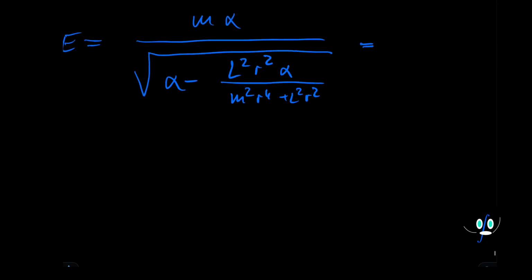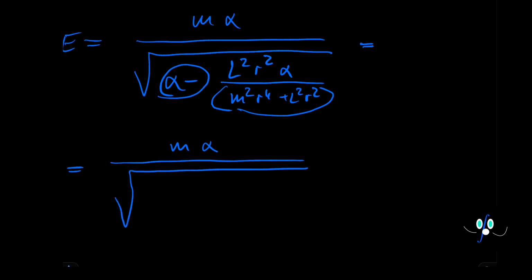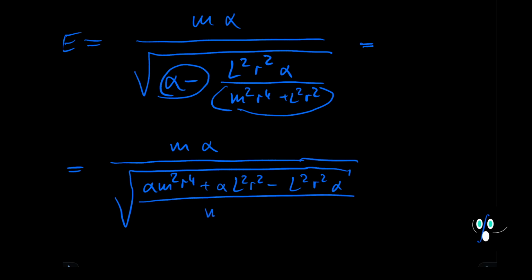And this we're going to solve by extending this here to a fraction with the same denominator as this. So we have m alpha divided by the square root of alpha m squared r to the power of 4 plus alpha L squared r to the power of 2 minus L squared r squared alpha, divided by m squared r to the power of 4 plus L squared r to the power of 2.